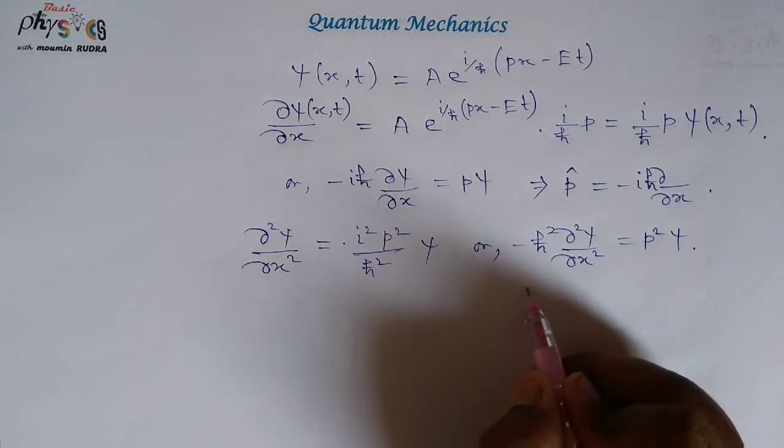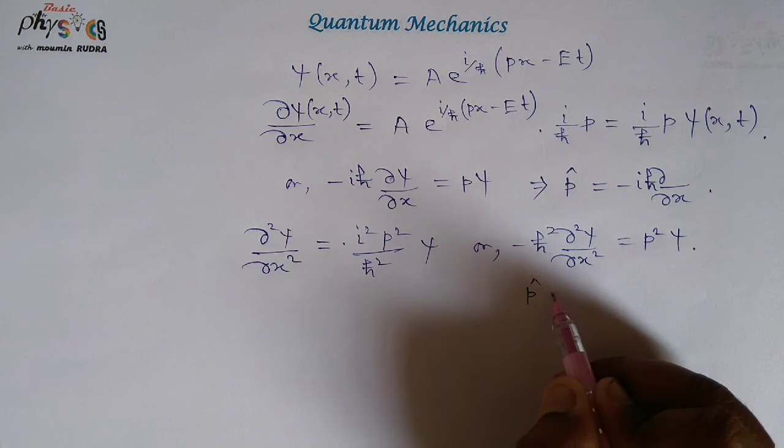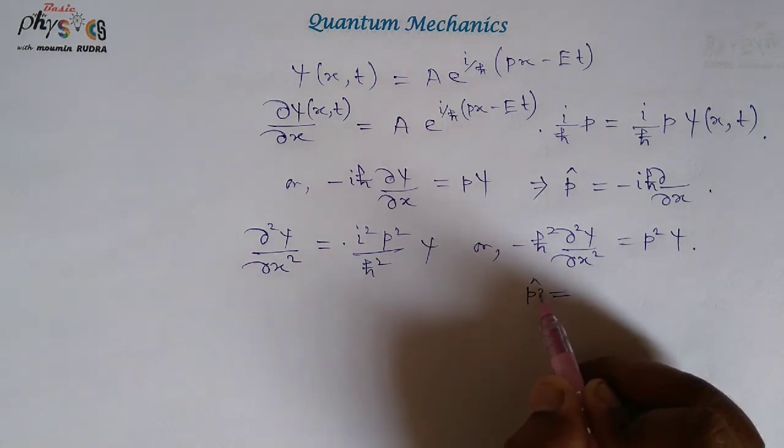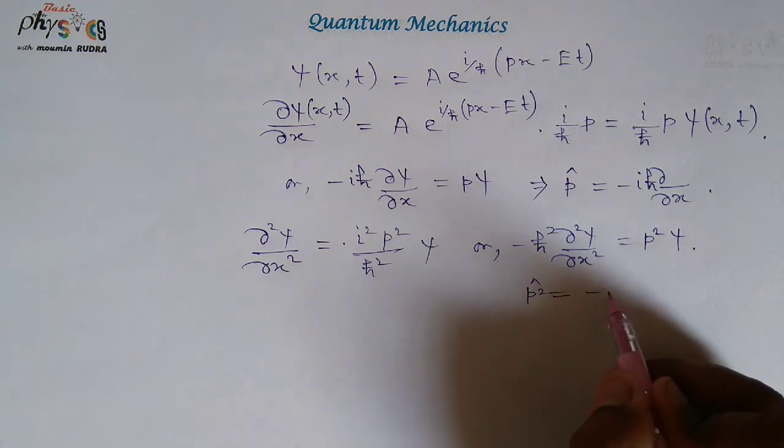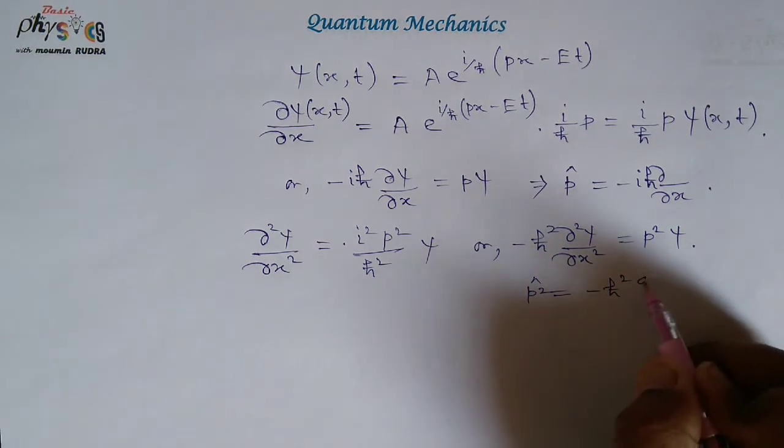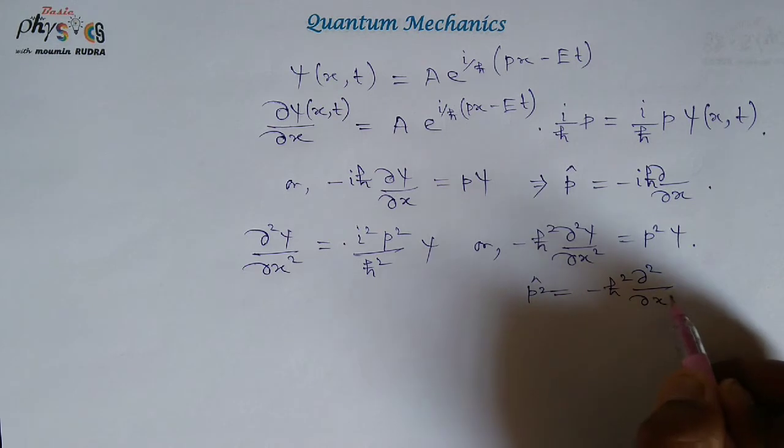So from here the operator p square equals minus h bar square d2 by dx2.